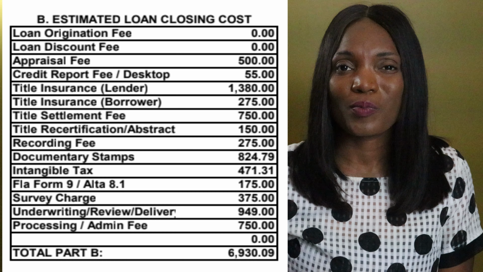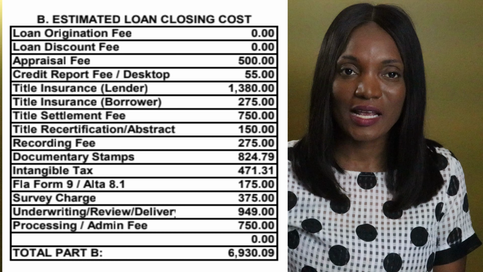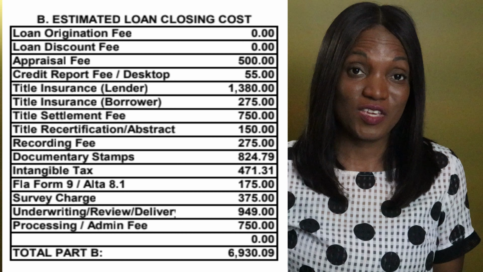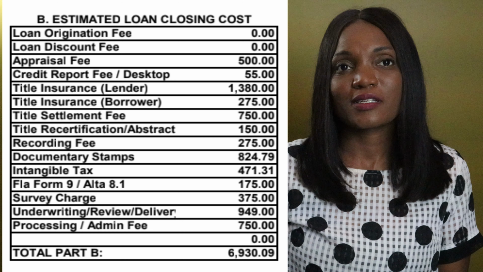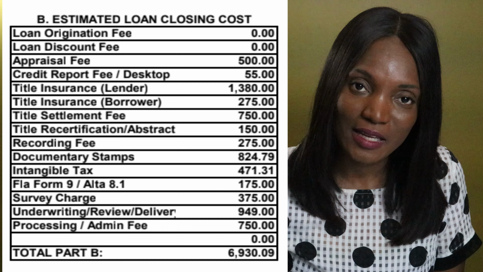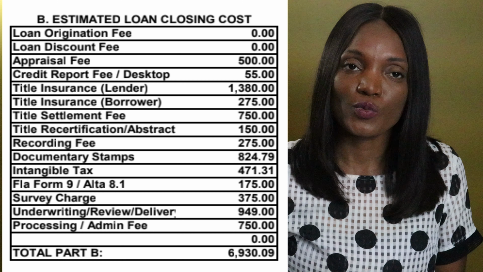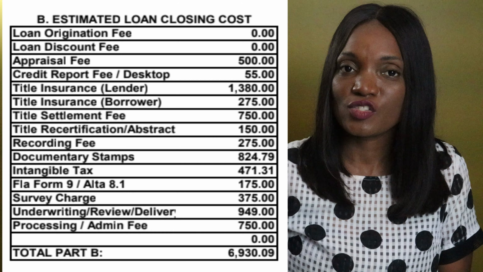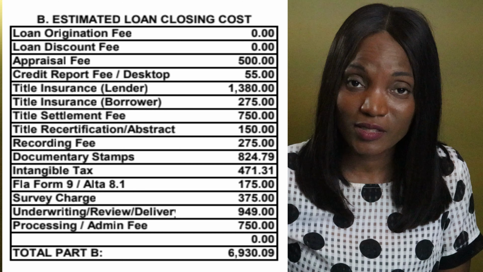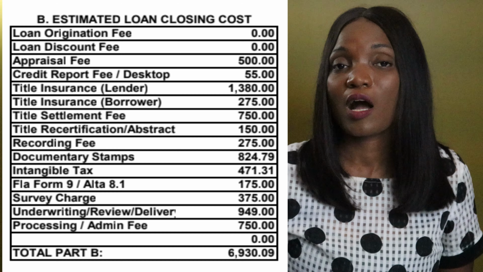Now, what are some of the problems that can happen with the title to make sure that the title is not free, clear, and marketable? For example, someone should have signed and they did not sign. For example, the person who is recording the information in the clerk of court did not do a proper job.